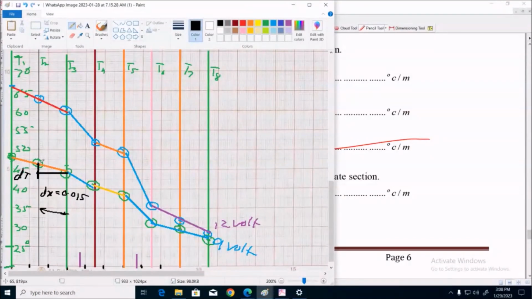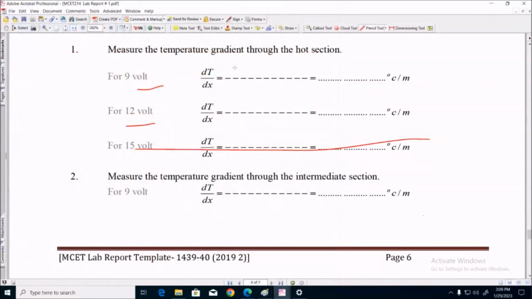So this is 46.6 and this temperature is 44.6. So dt is equal to 2 degree. So I can get it here. dt is same way for 12 volt.